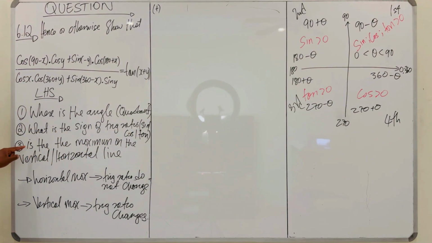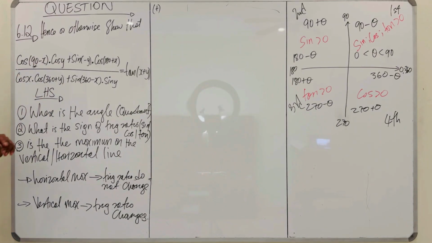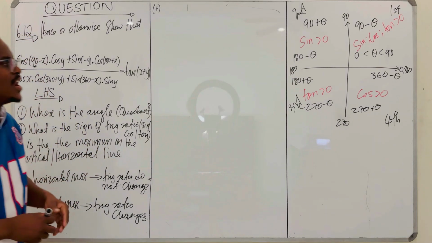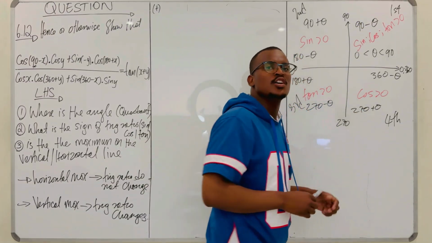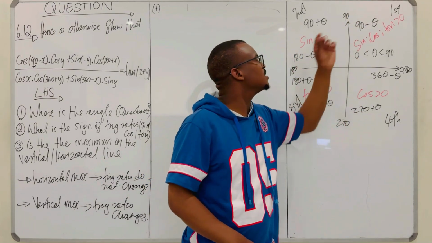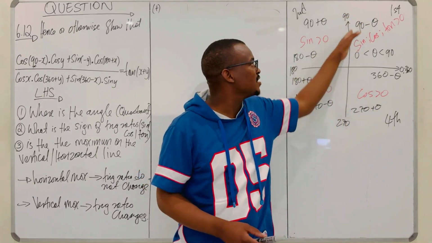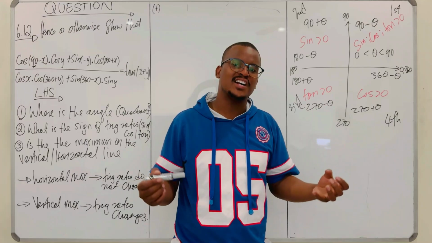Third question, you're asking about your maximum. Is the maximum on the vertical line or on the horizontal line? The maximum is this number that is sitting over here. Is this 90 degrees on the vertical line or on the horizontal line? You can see 90 is up there, so it's on this vertical line. If your maximum lies on the vertical line, which is 90 or 270, your function will change to its co-function identity.